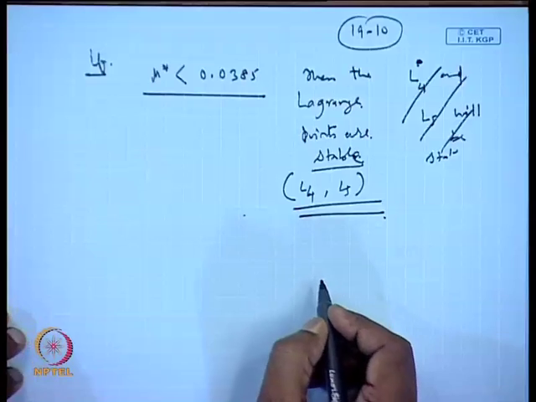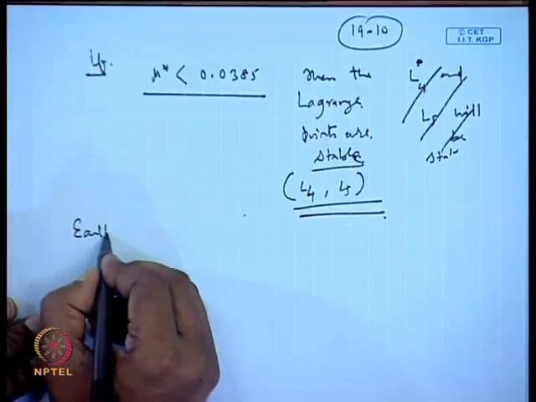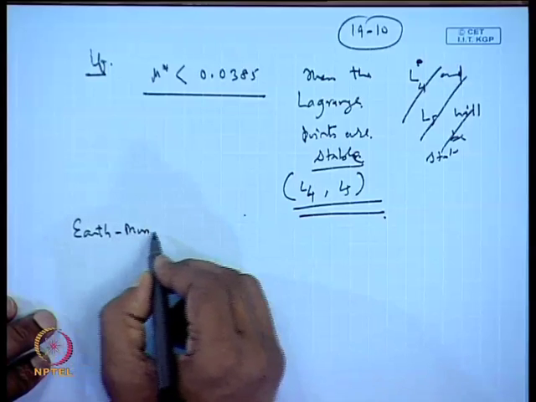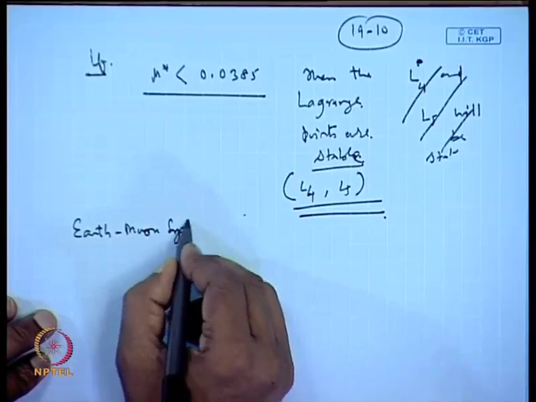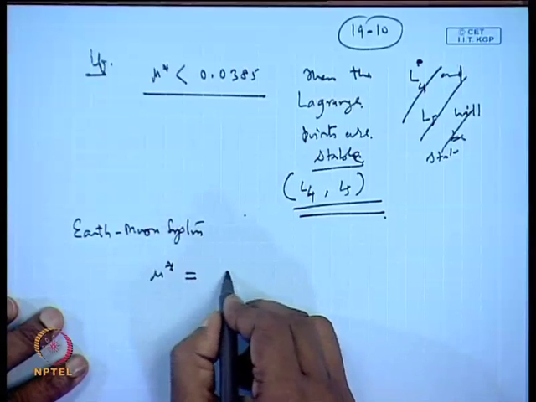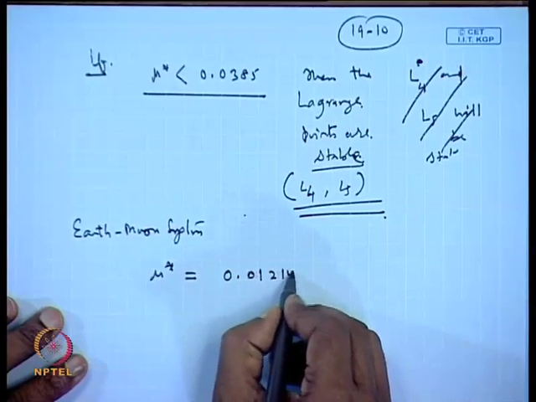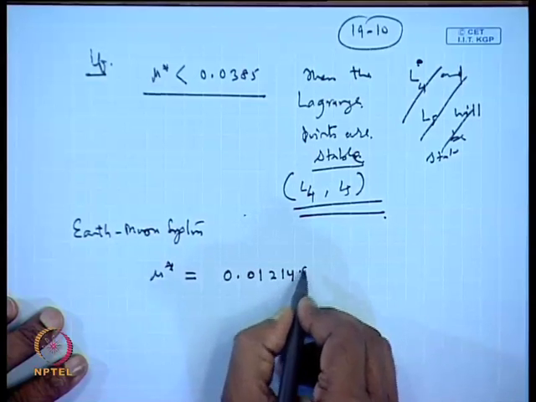Okay. So, for the earth moon system, we have just now calculated that mu star is nothing but 0.012145.